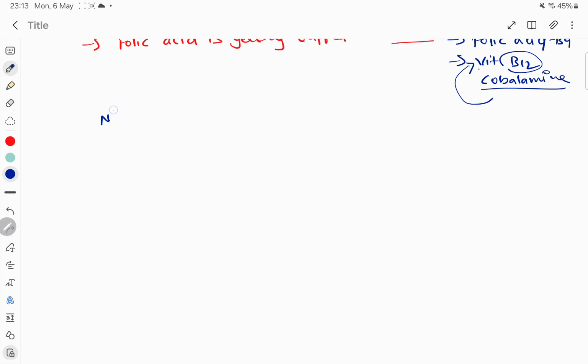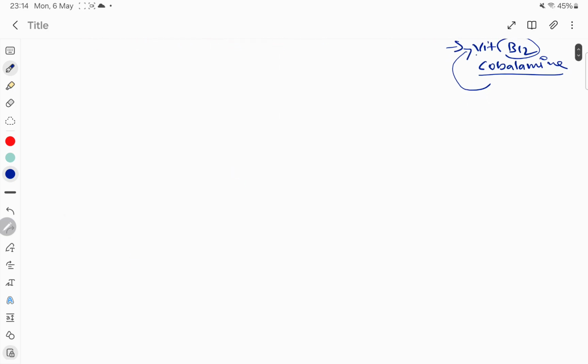For example, this is a form of folic acid, N5 N10 methylene tetrahydrofolate.